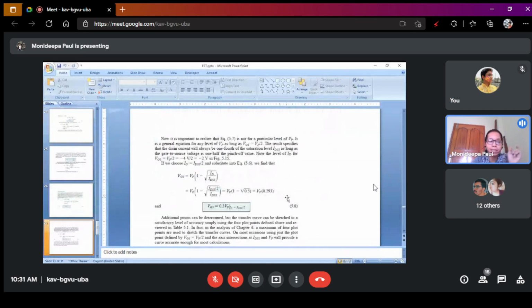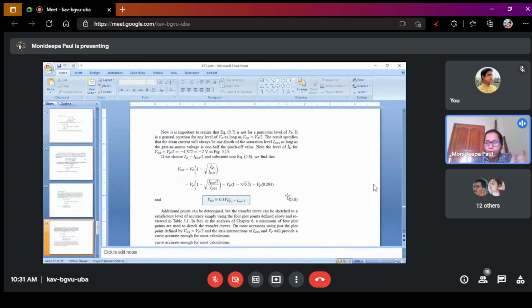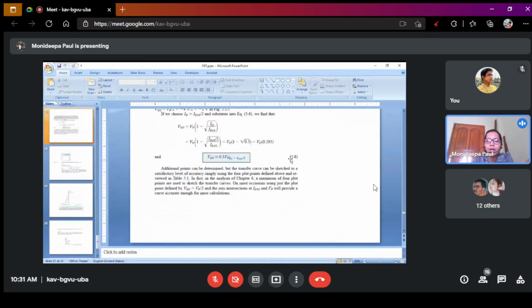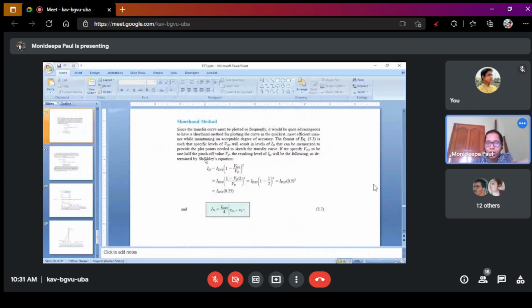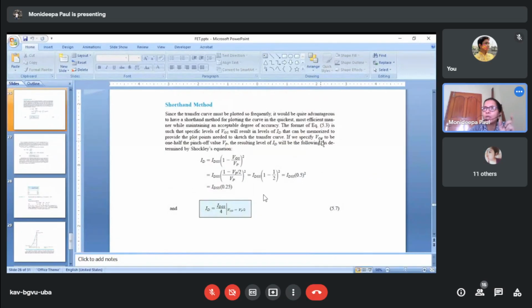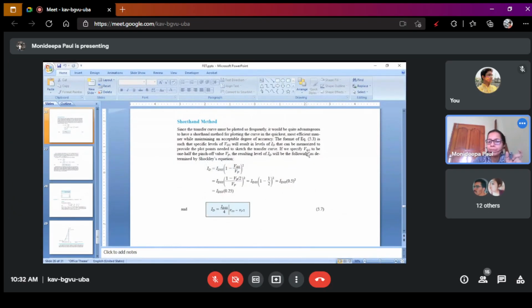For plotting the transfer curve, we make two assumptions. First, we assume that VGS is equal to 1 half of the VP. At that condition, ID is given by the relation between ID and IDSS.